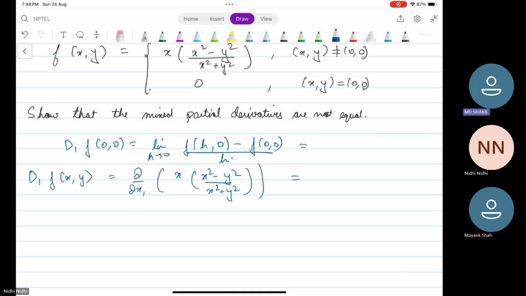x1 means x, and x2 means y, the first variable.